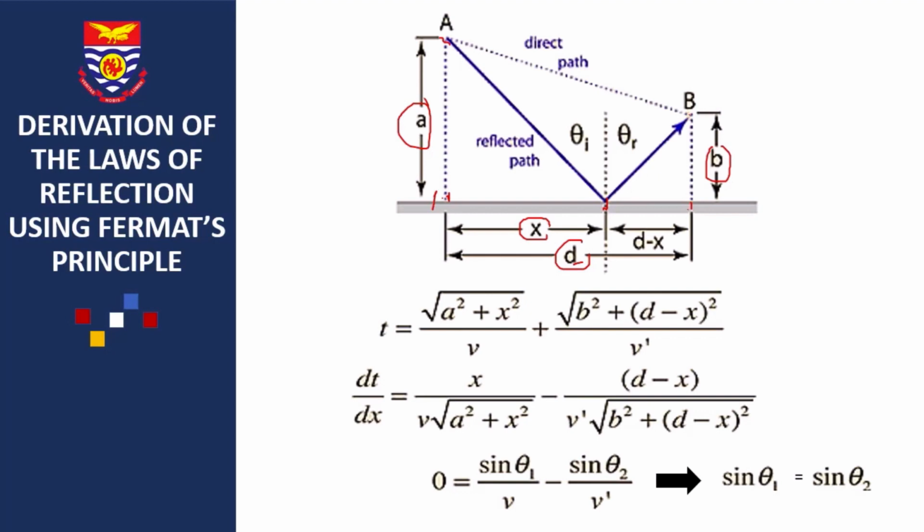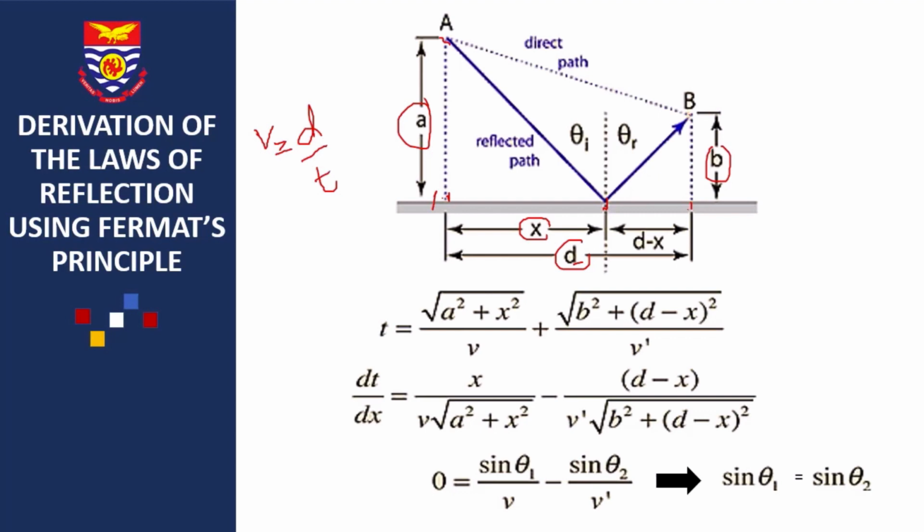This will help us understand what we actually have here. I hope you are very familiar with kinematics, where we have velocity v always equal to distance d over time.